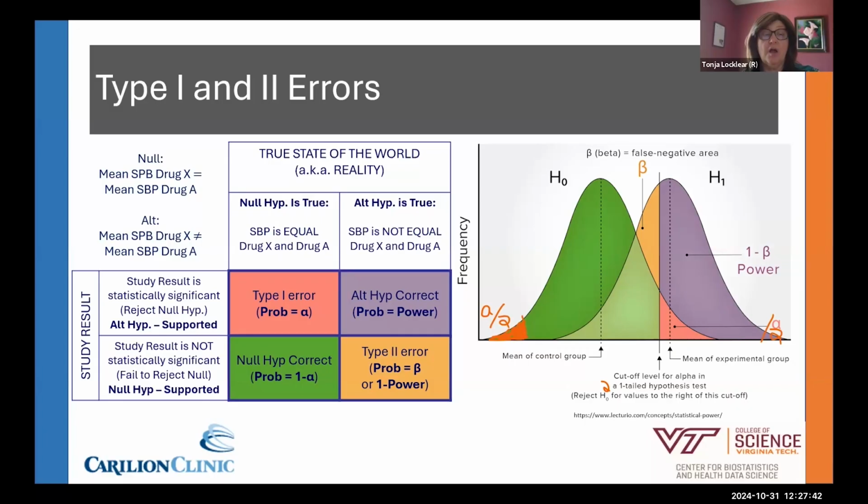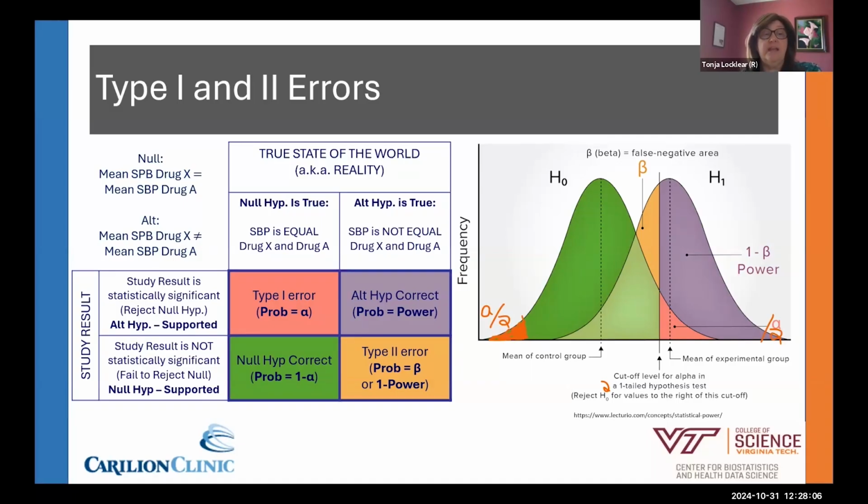So we thought our alternate hypothesis was supported and our alternate hypothesis is true. For a lot of our projects, we're looking at 80% power, 90% power. If you have 80% power, then that means you have an 80% chance of saying that your alternate hypothesis is supported when your alternate hypothesis is true.